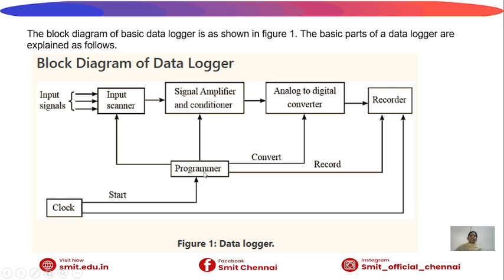At the same time, the programmer controls the input scanner, signal amplifier, analog to digital converter, and also the recorder. So the programmer controls everything with a particular clock. Only when the clock gives the start signal will the program start all the processes.